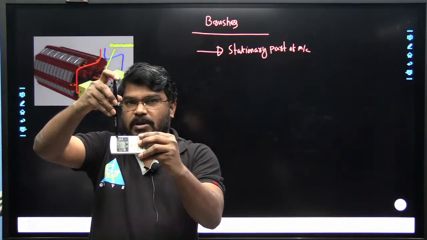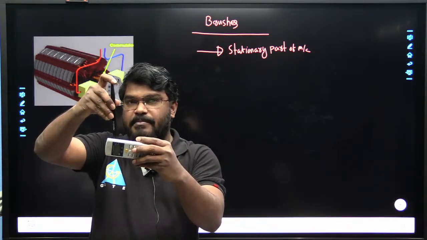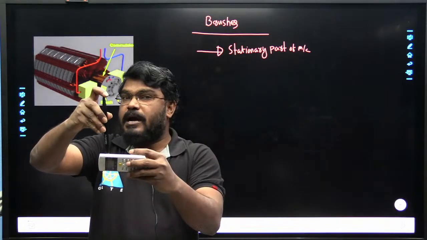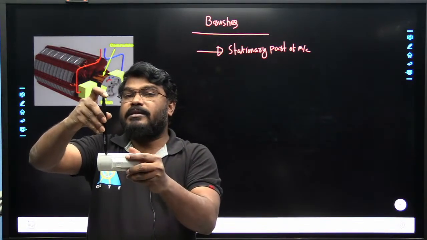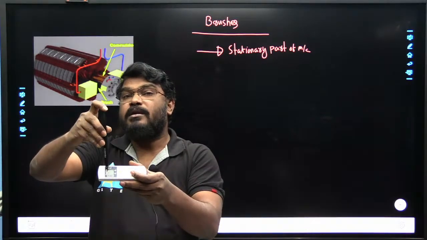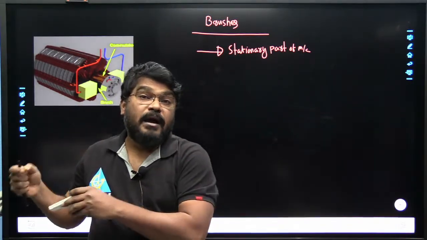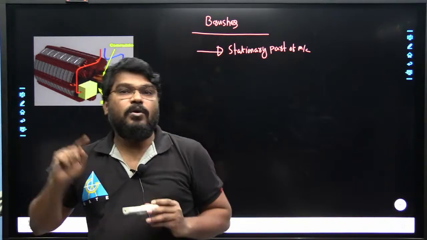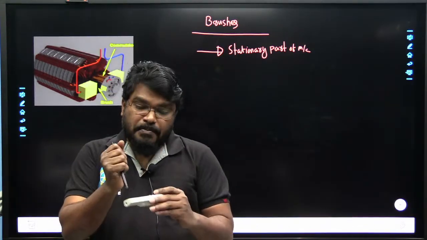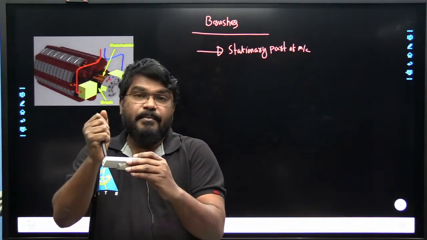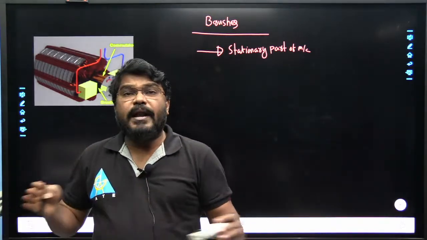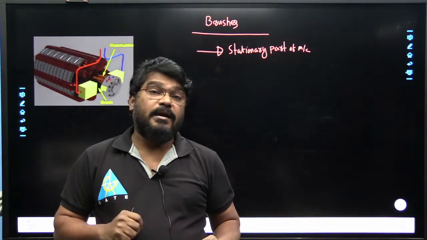Whenever the armature core is rotated by the prime mover, the commutator will be rotated, but the brush is stationary and always makes contact with the commutator segment. This is to collect the current from the commutator segment and deliver it to the load in case of the generator. In case of the motor, if there is no contact with the commutator segment, it is like an open circuit, so no current flows through the armature conductors.